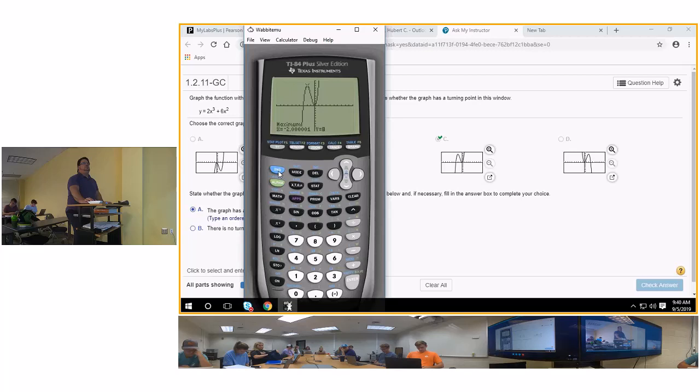Second trace, min. You really don't have to pick it. It doesn't matter which one you pick, because when you put the left and the right-hand side, it's going to zero in on that area. Does anybody know why you pick a left-hand side and a right-hand side? Anybody know?